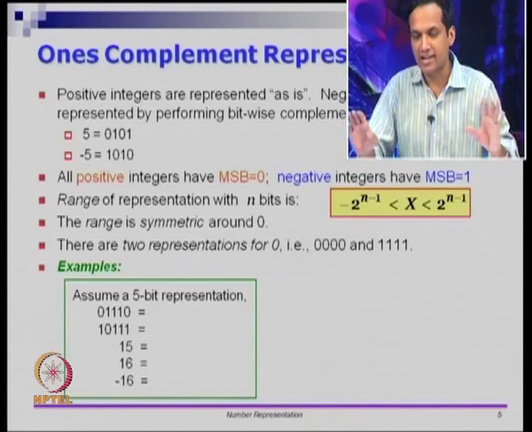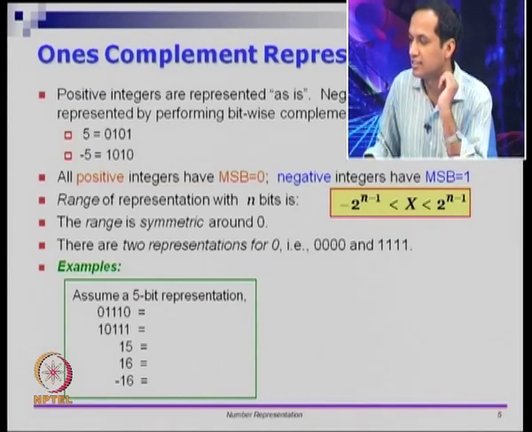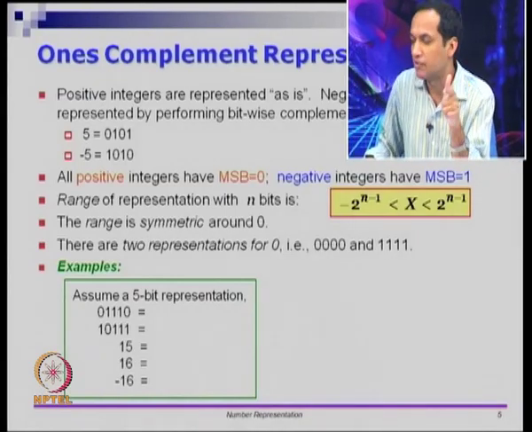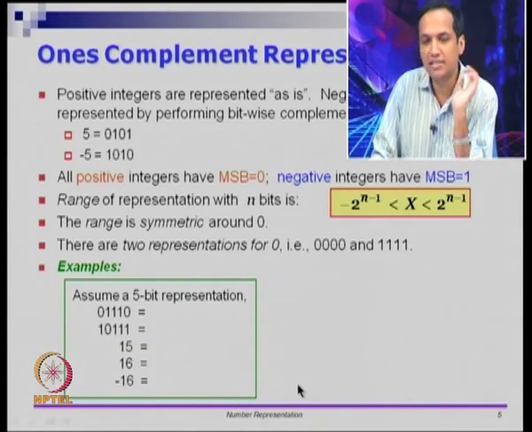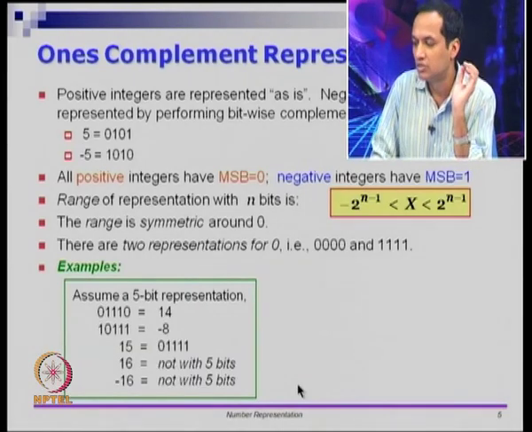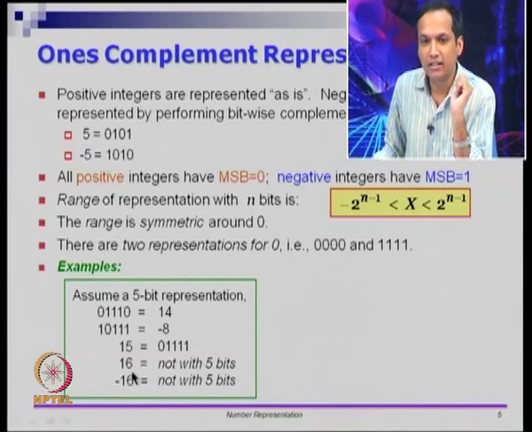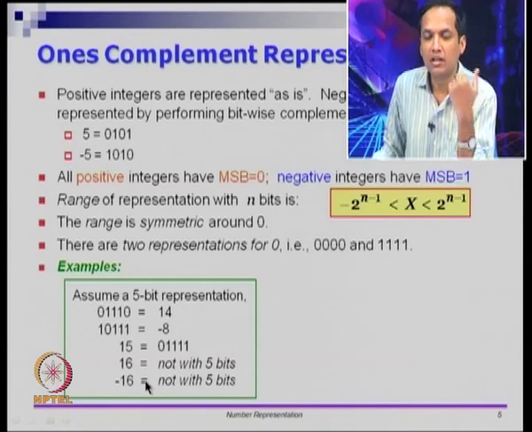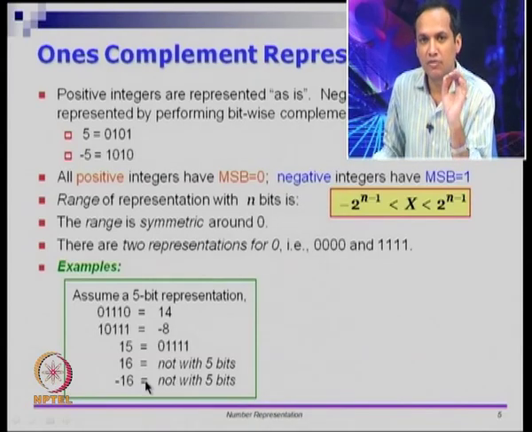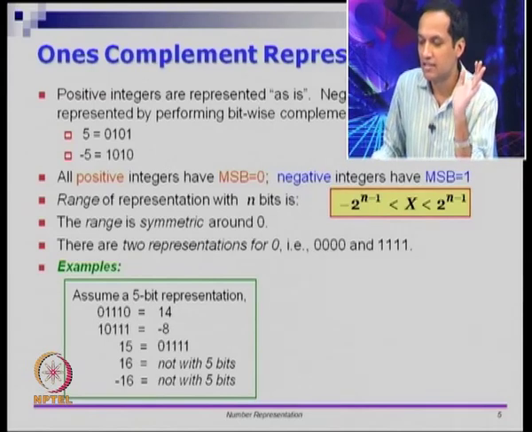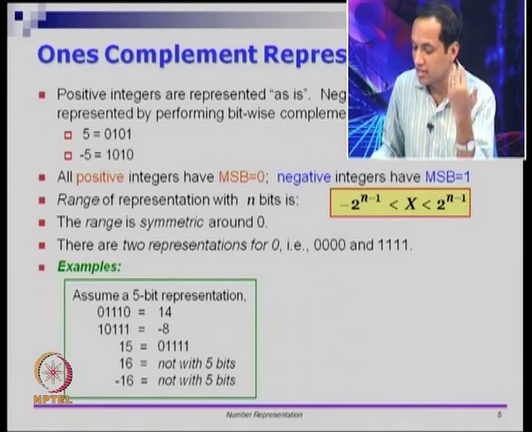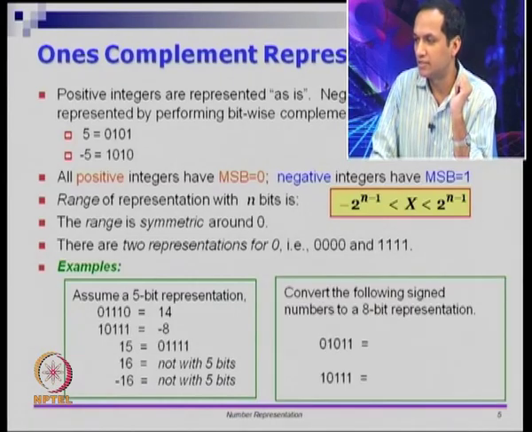We cannot represent minus 16 and 16. So, essentially minus 15 to 15 can be represented, but 16 and minus 16 cannot be. So, we cannot represent 16 using 5 bits. However, if you are asked to represent it using 6 bits, that is possible.